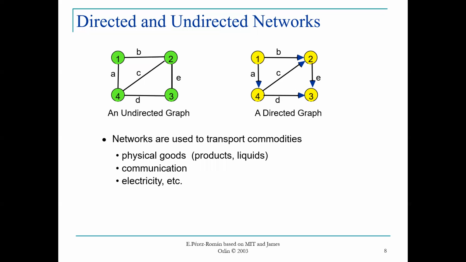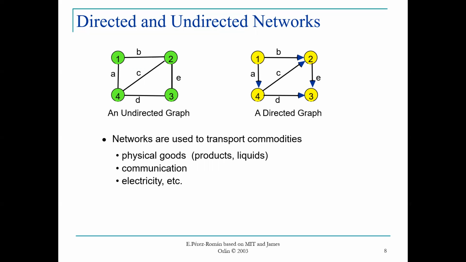There's a difference between what is called a directed and an undirected network. As you can see in these two examples, the only difference between them, in addition to the colors of the nodes, is that in the graph on the right, you have some arrows, so you have the direction specified by an arrow.